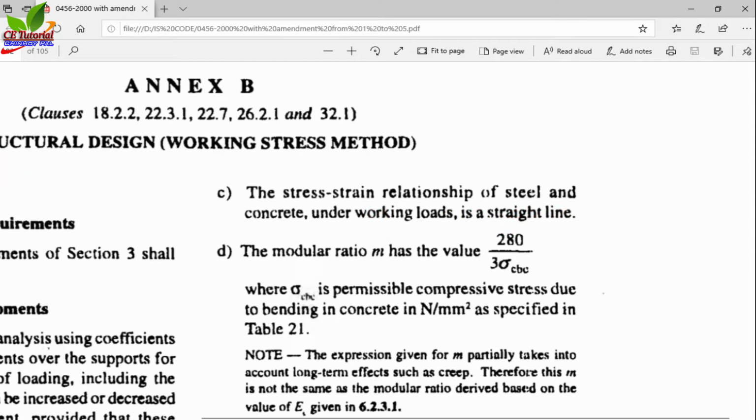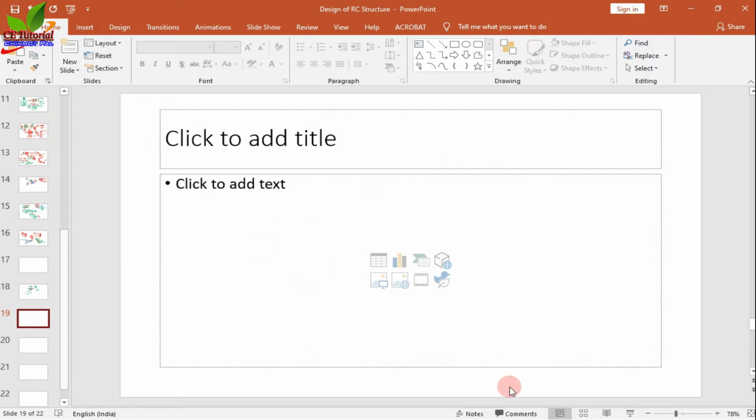That means you know that the stress strain relationship of concrete is nothing but parabolic. Suppose this is the stress strain curve of concrete.